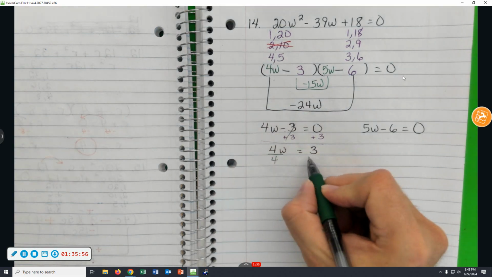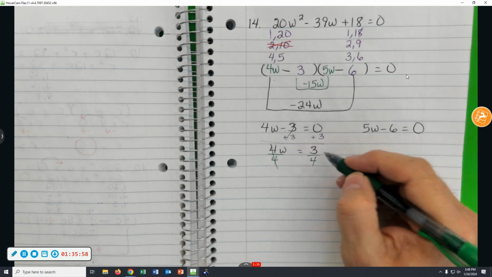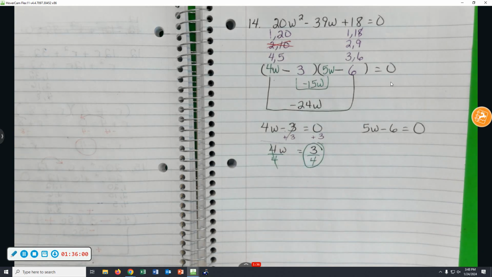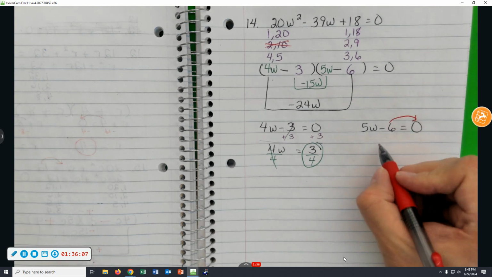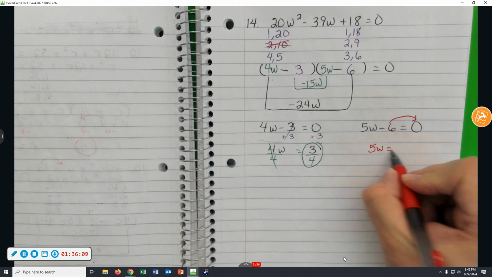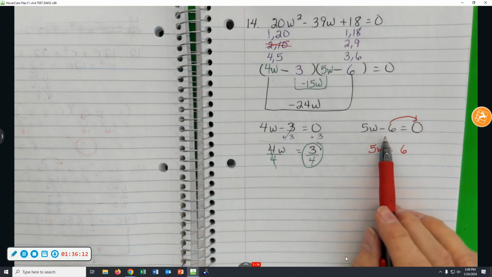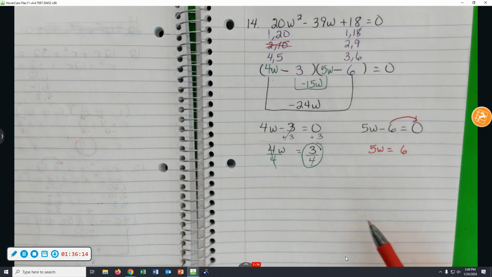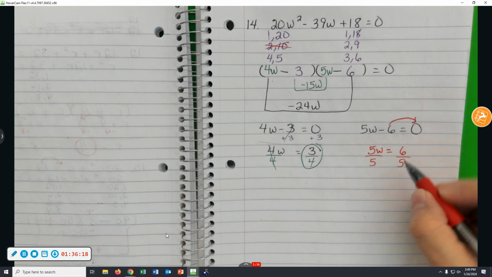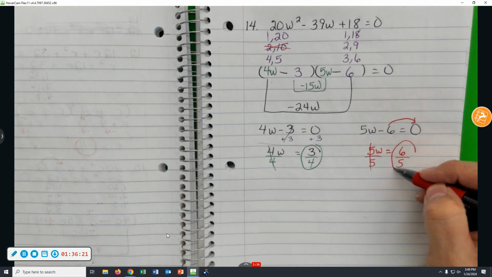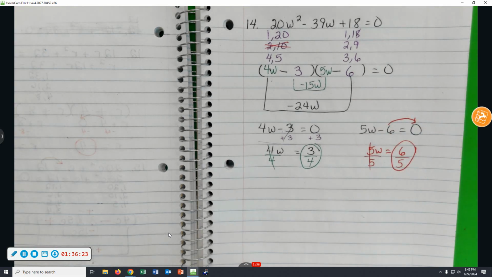Divide by 4. And there's the first number. We'll type in 3/4. And over here, move the 6. Or if you want to say plus 6, plus 6. And then divide by 5. So 3 over 4 and 6 over 5. Any questions there before I type them in?